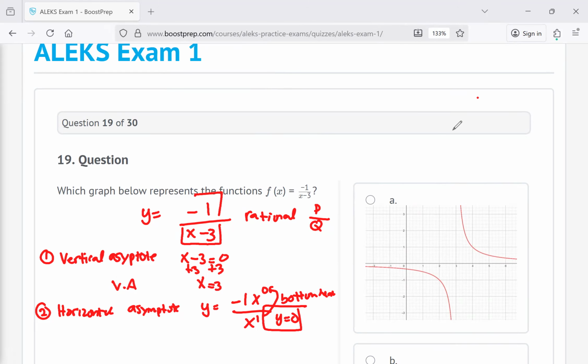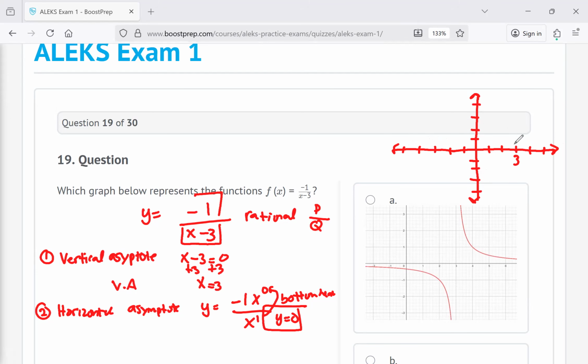Then what you're going to do is graph it. And then you might have to plot some additional points, which is not bad. Okay, so my vertical asymptote is at x equals 3.